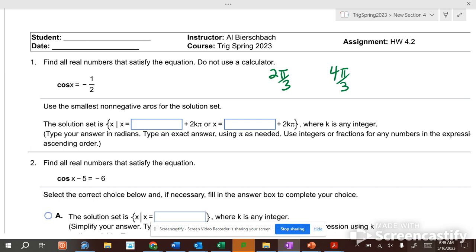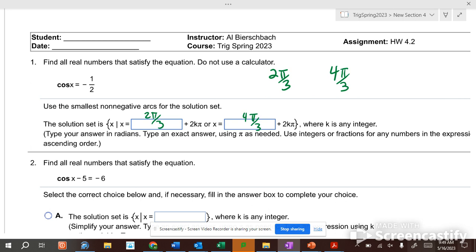And what happens is, if you keep going around the unit circle, if you go around another 360 degrees, or another 2 pi, you'll be there again. So it's going to be 2 pi over 3 and 4 pi over 3 plus 2k pi.